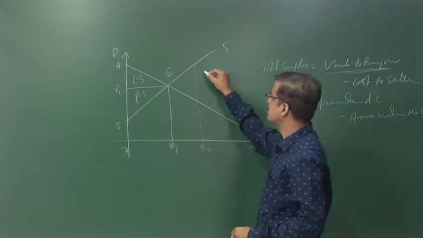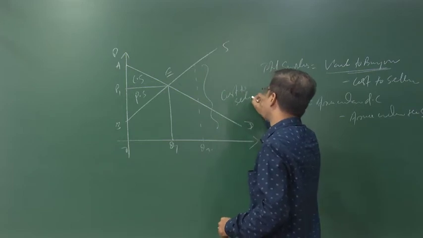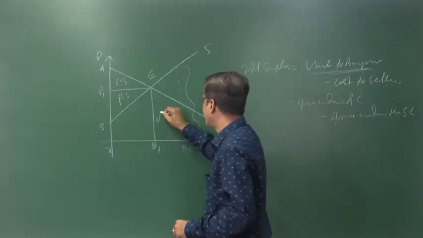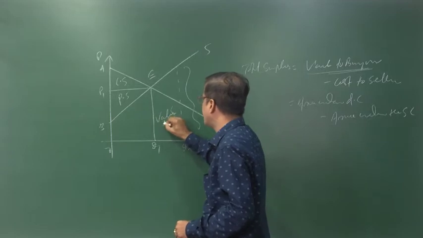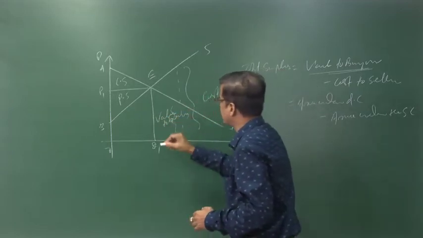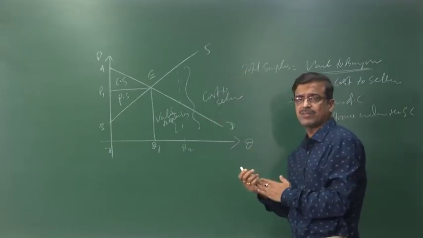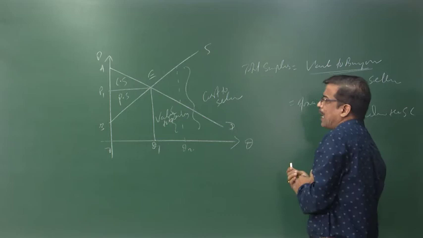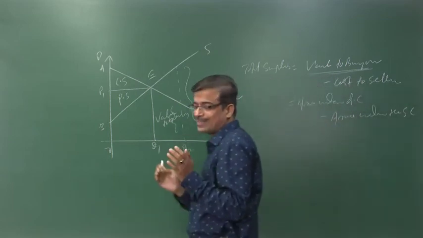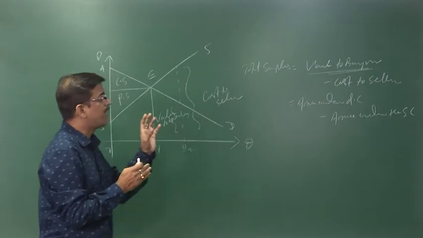So the cost to the sellers and the value to the buyers are not in equilibrium. They are not the same. Our intention is that there is no gap between the value to the buyers and the cost to the sellers.